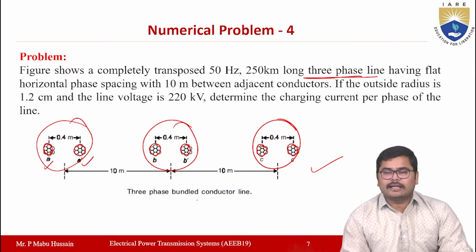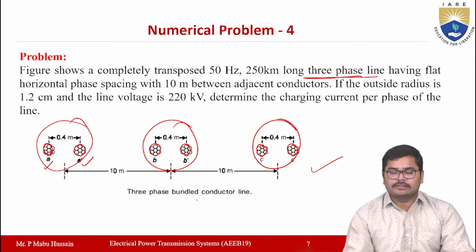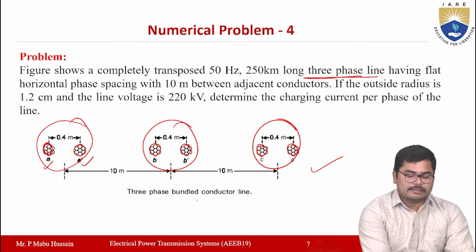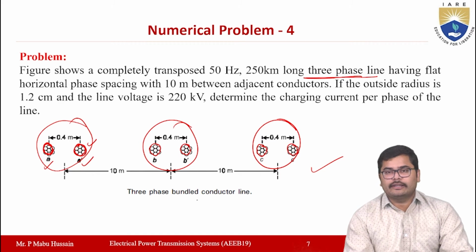Whether they are given as solid conductors or stranded conductors, it does not matter for us. You have to consider that this stranded conductor is one subconductor, and this is another subconductor. 2 subconductors are there in each phase, which is called a 2-conductor bundle configuration transmission line.